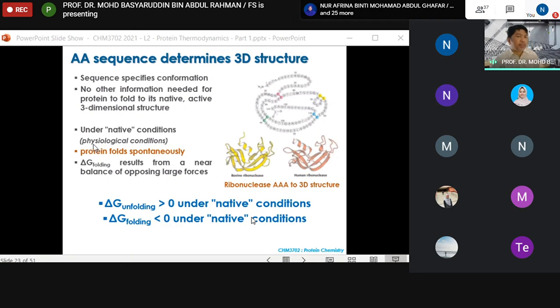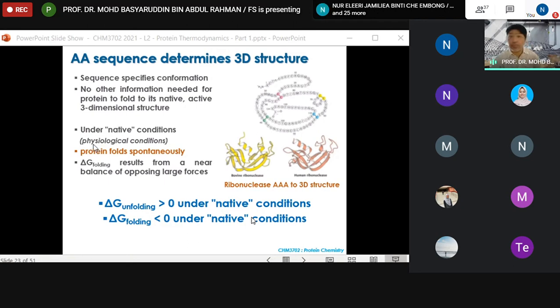I think I have mentioned before that physiological is related to wherever you find the enzyme: our body, on the surface of the soil, underneath the soil, a volcano, or Antarctica. It is all related to its physiological conditions. Under this condition, it will normally fold spontaneously.